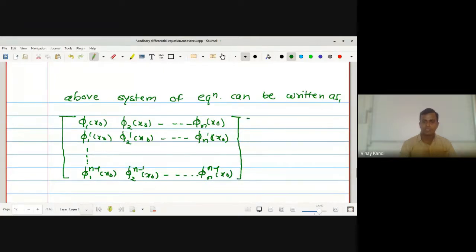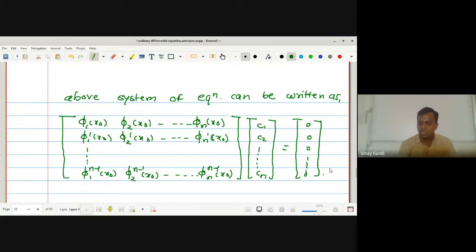This one is multiplied by C1, C2, up to Cn, which is equal to 0, 0, 0, 0. Any doubt up to here?